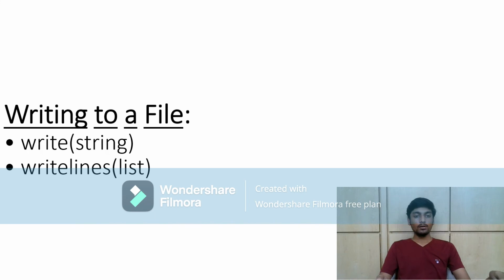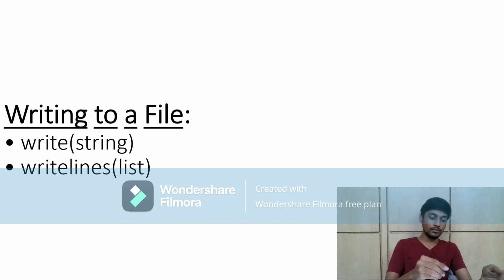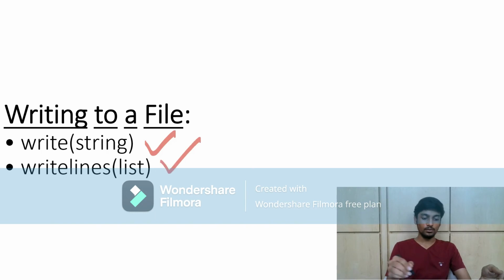Third one is writing to a file. In order to write data in a file, we must open the file in write mode. We have two methods for writing data into a file, as shown below. The first one is write(), and the second one is writelines(). We'll know about write().